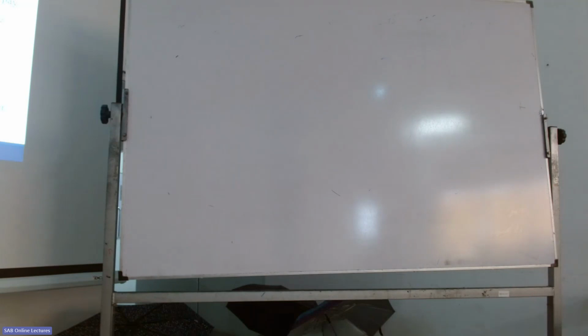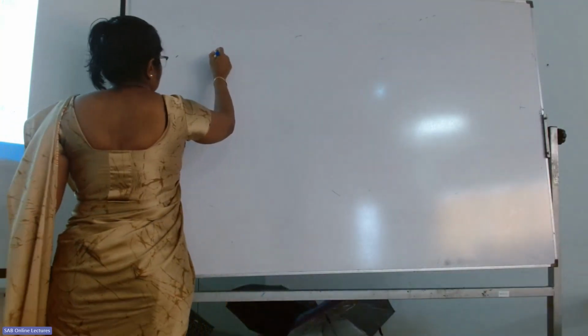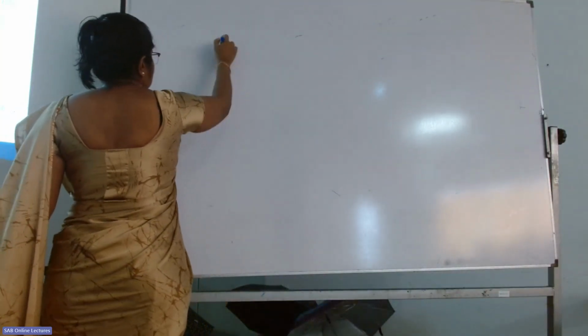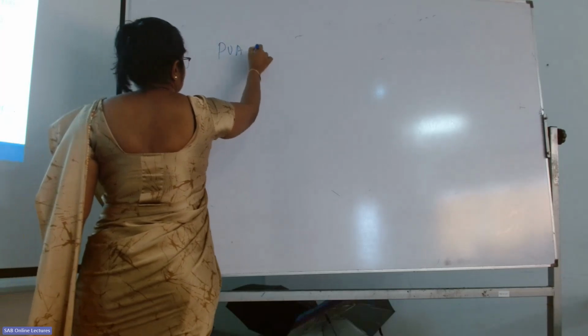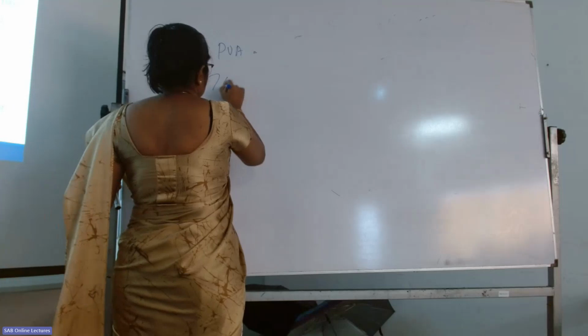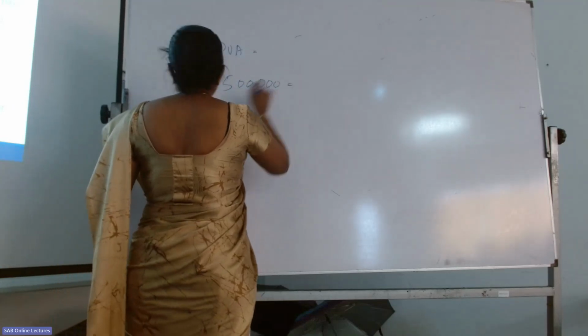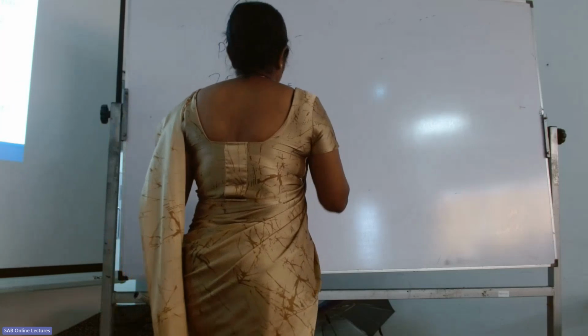So here your loan is 7.5 million. Again, this is the application of the present value of annuity. The loan amount is 7.5 million, and you have to work out the periodic payment.